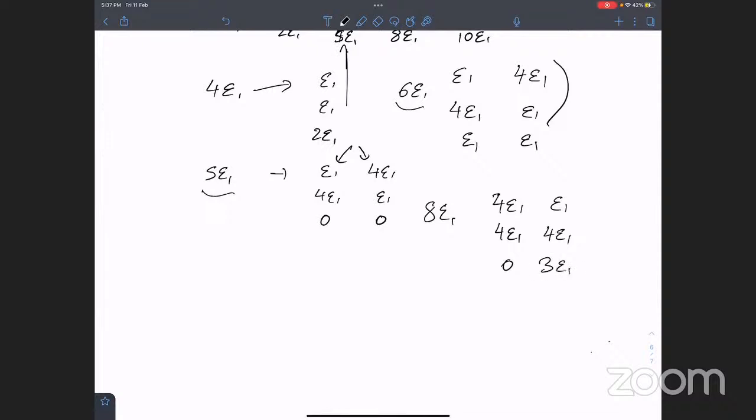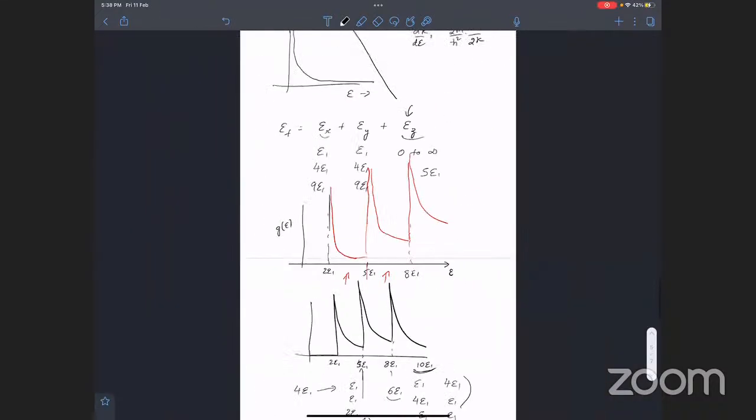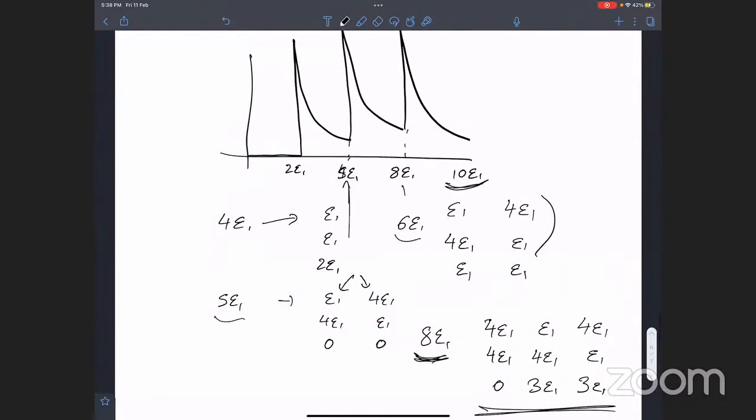Or another way is 4E1 here, E1 here, and 3E1 here. So notice that the moment I have 8E1 total energy, I have threefold degeneracy. I can split it in 3 different ways. Like that, you can keep on doing it. When I go to 10E1, you will find I have 4 ways of doing it, and so on.